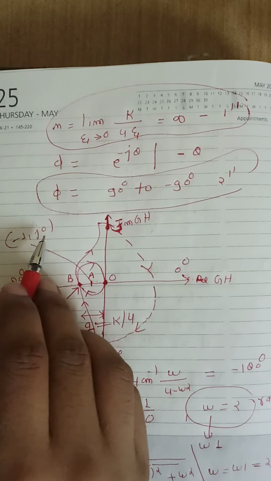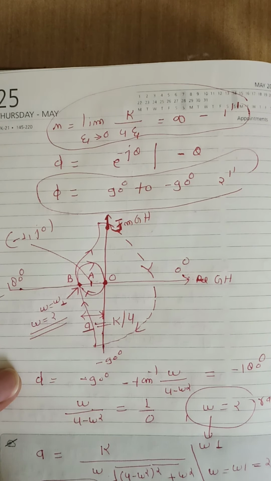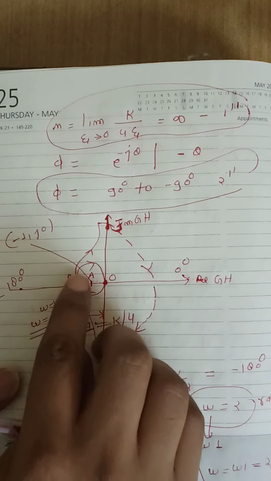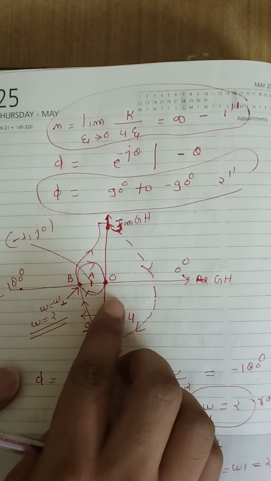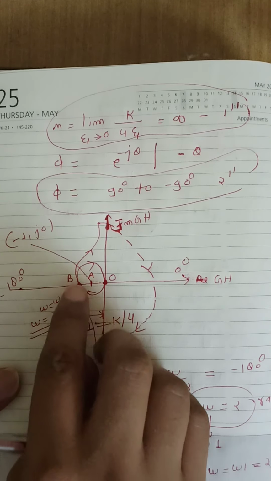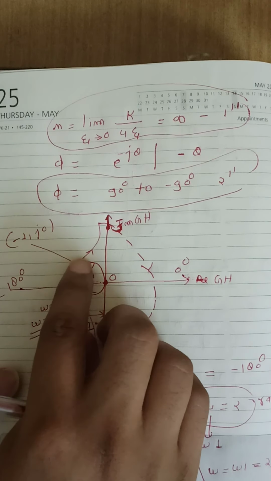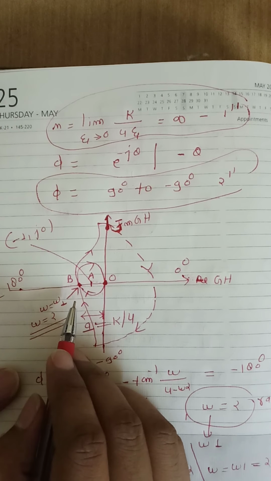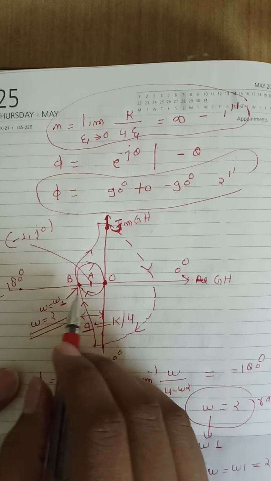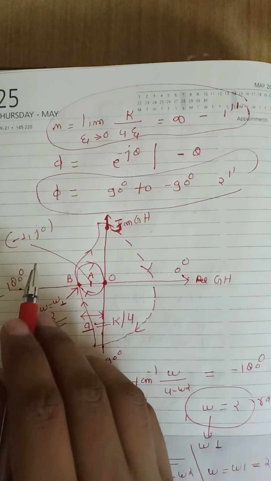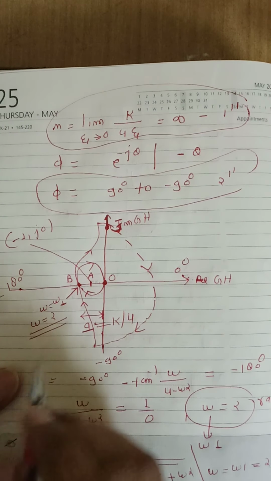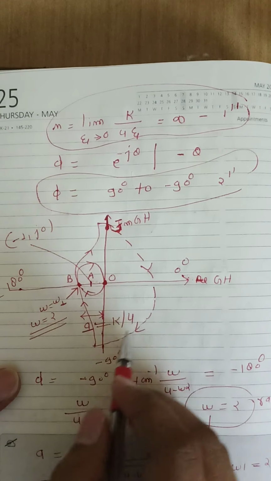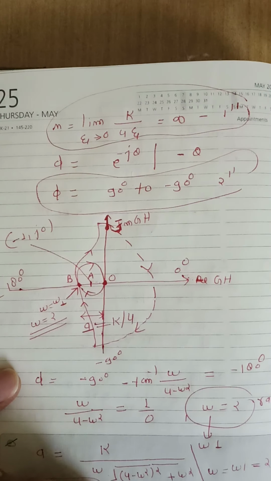So minus 1 comma j0 will first be enclosed by a smaller closed path, and minus 1 comma j0 will also be enclosed by a larger closed path in clockwise direction.